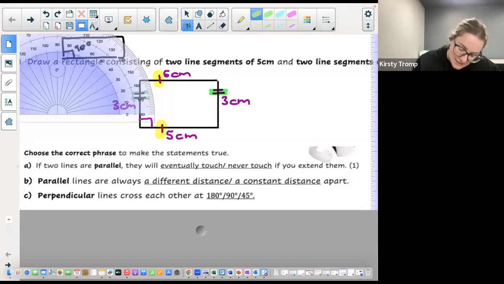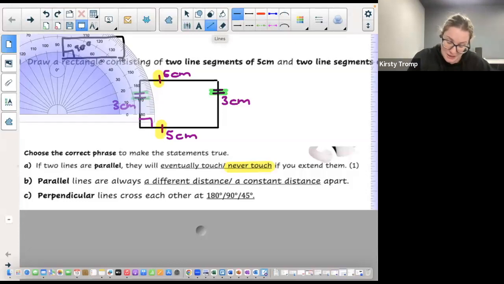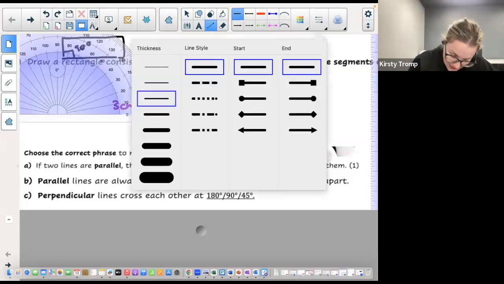Okay, so like Mulalo said, if two lines are parallel, they are never going to touch. Right, guys, what does parallel lines mean? Parallel lines mean that we've got two lines.